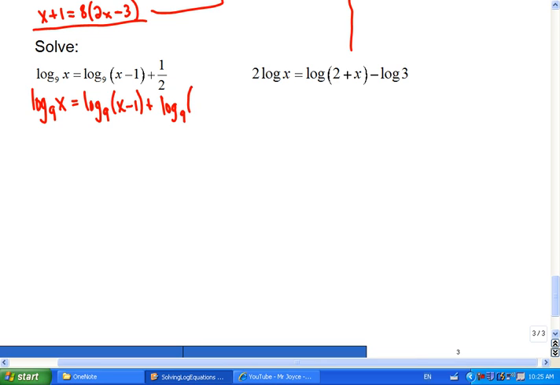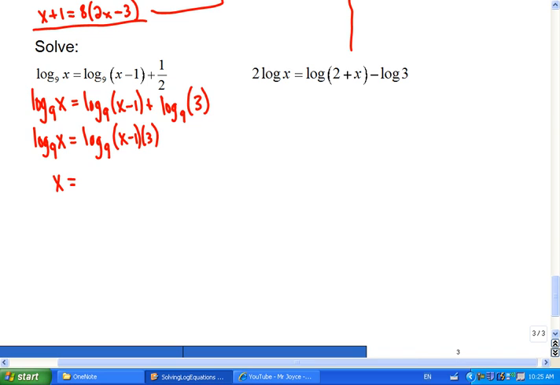Well, what I'm trying to ask myself then is 9 to the 1/2 equals 3, so this is equivalent. The 1/2 exponent is the same as log base 9 of 3. Now I can do some combining here, so I'll get log base 9 of x equals log base 9 of x minus 1 times 3.